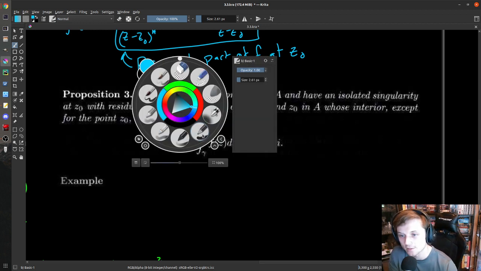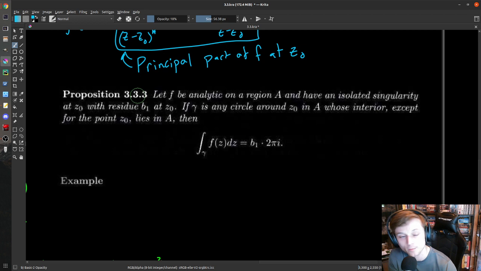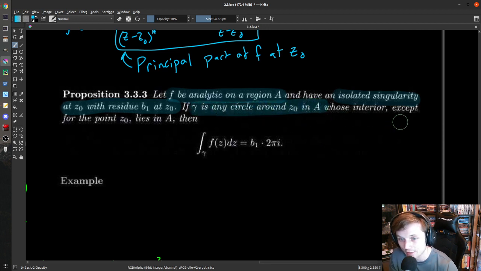So proposition 3.3.3 says that if we have f analytic on a region A that has an isolated singularity at z0 with residue b_1 at z0, then if gamma is any circle around z0 in A whose interior, except for the point z0, lies in A, mouthful.